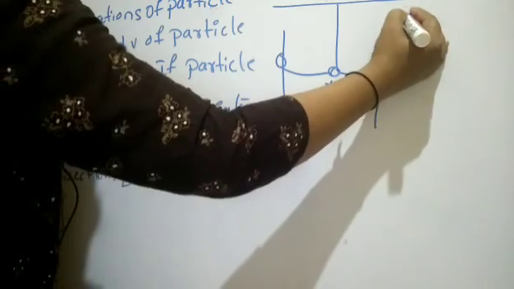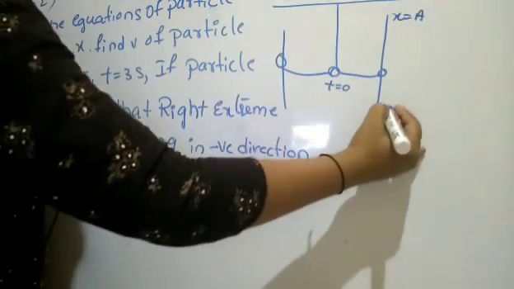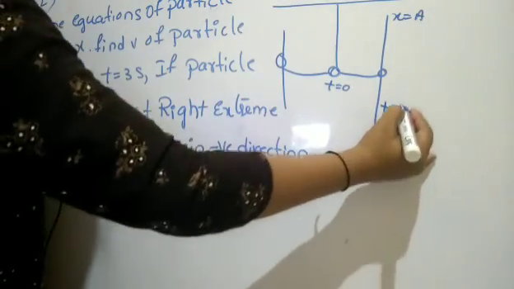That means at the right extreme position x = a and t = 0.